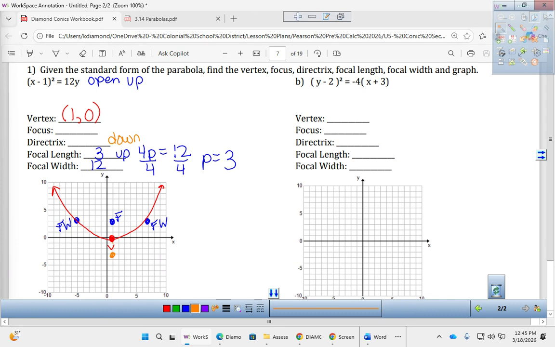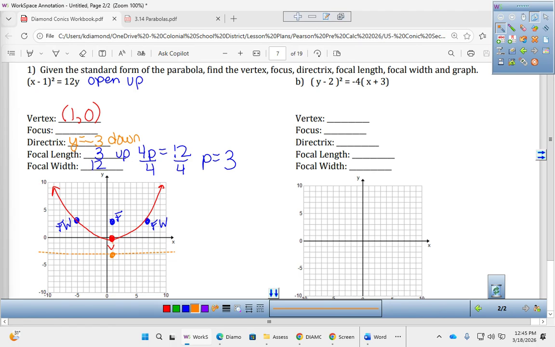Now the directrix itself is not a point, it's a line. We like to make the line dashed, showing it's not really a line on the graph. You wouldn't see it if you graphed this one. It's just a boundary line. So it looks like that. Now a horizontal line in math is a y equals equation. So I'm going to make this a y equals, and this is going through -3.